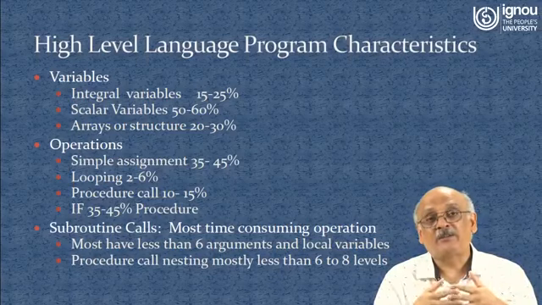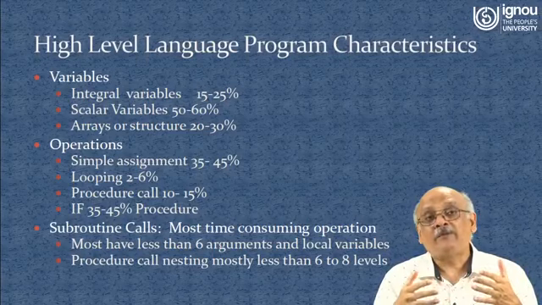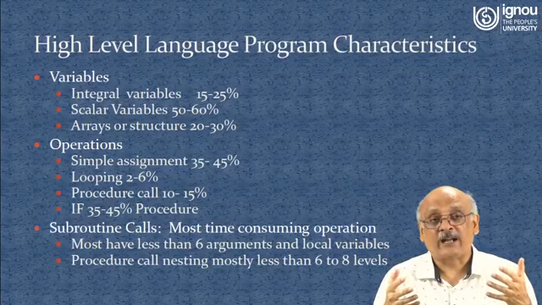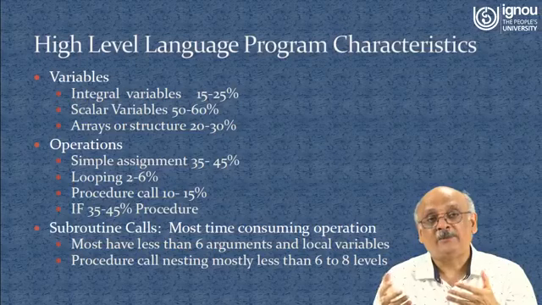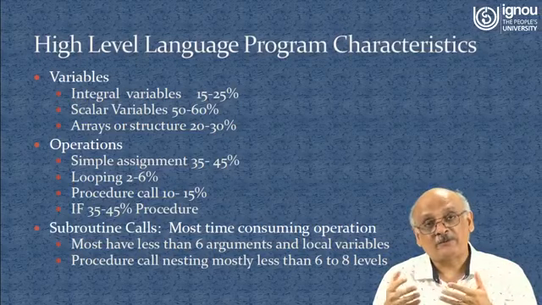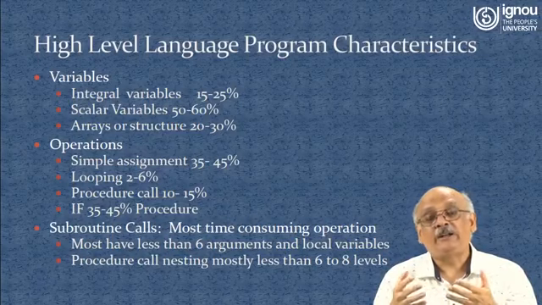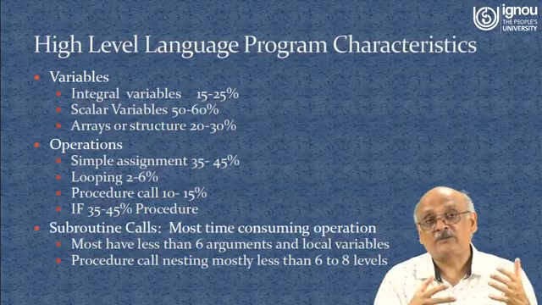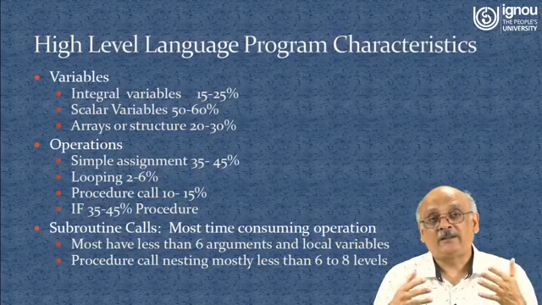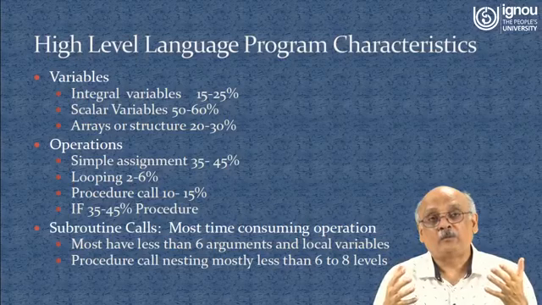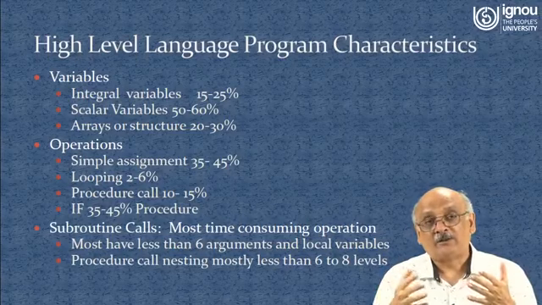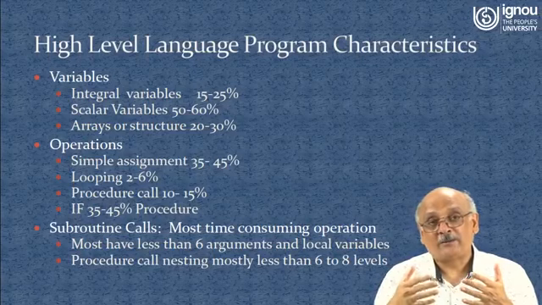They found that most variables can be categorized into three types: integral variables, which occur 15 to 25% of the time, scalar variables, 15 to 60% of the time, and arrays or structures, only 20 to 30%. So arrays and structures, which are very complex in nature, were not utilized for more than 20 or 30% of the time. That was a major clinching point.